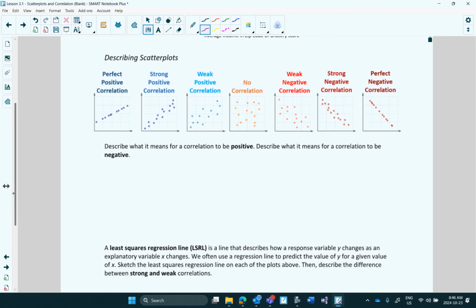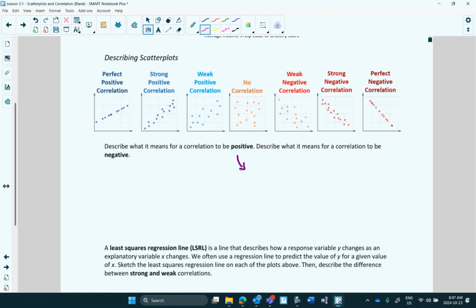So we want to describe what does it mean for a correlation to be positive and what does it mean to be negative? Well, to be positive, what does that mean? It's a positive slope, yes. They're proportional.